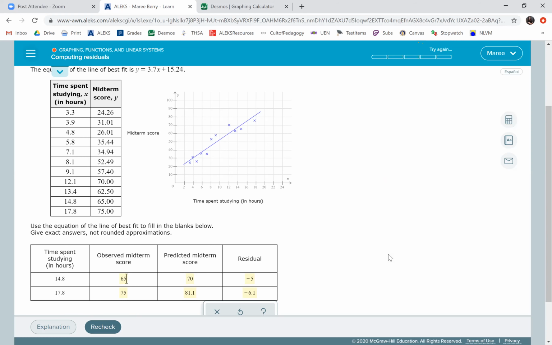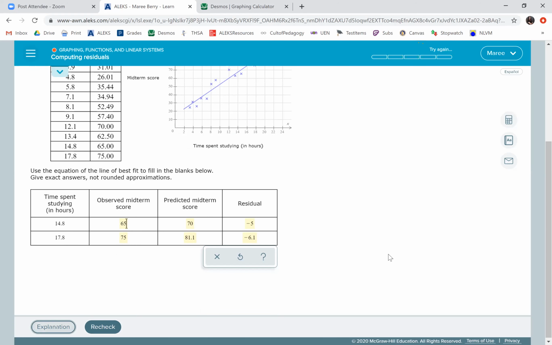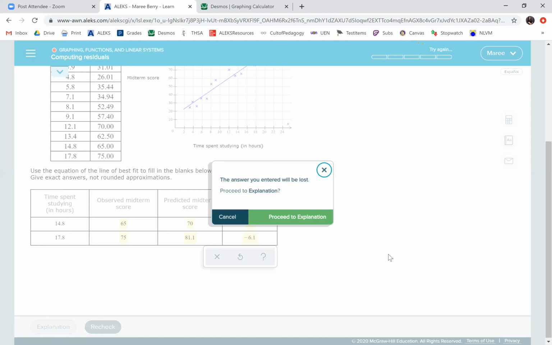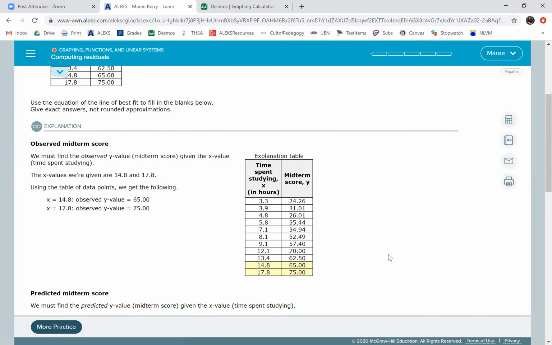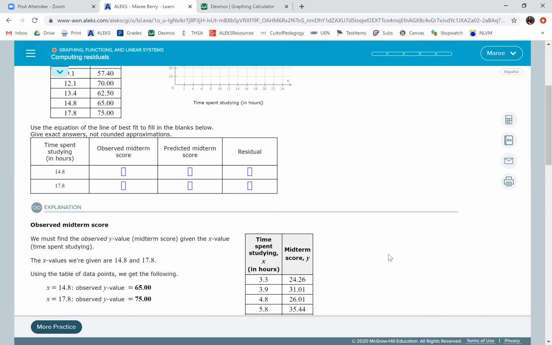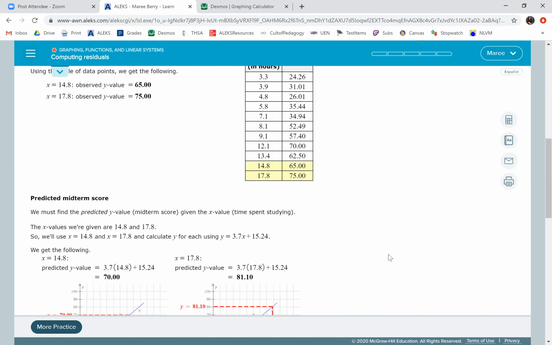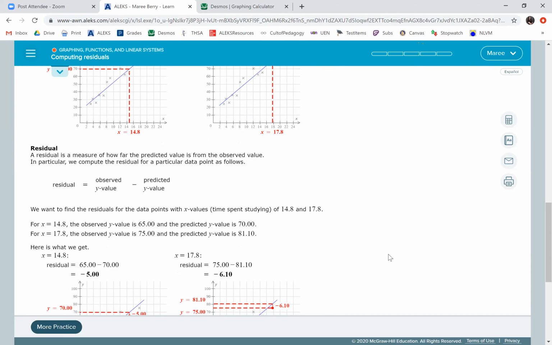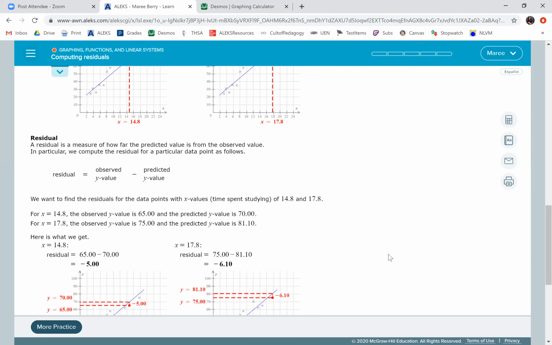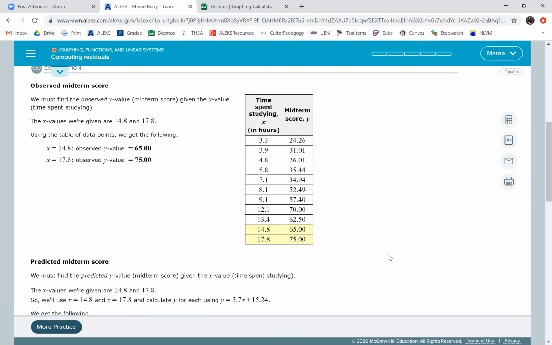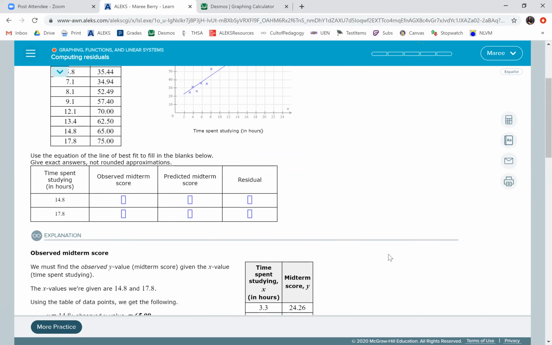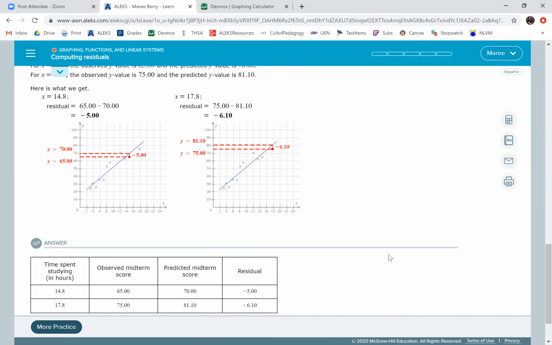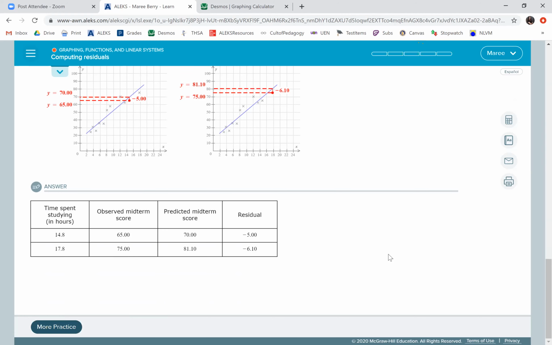Well, I don't understand this, so it looks like I have to see the explanation. Okay, I got that. 65, 75. Are you kidding me? So because I didn't put the 0.00, do you think that's it?